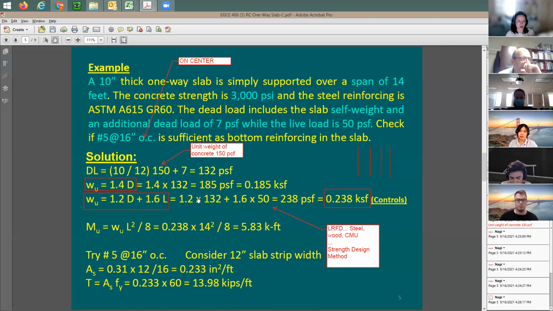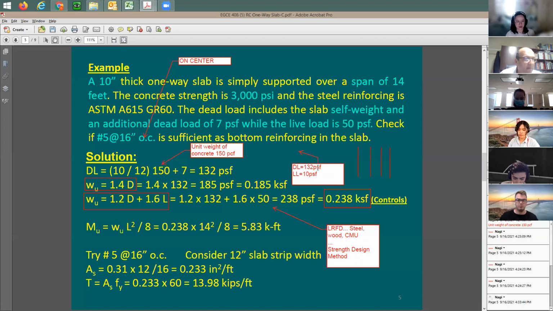So I'm going to put here dead load 132, just hypothetical here. Dead load 132. Live load 10 PSF.